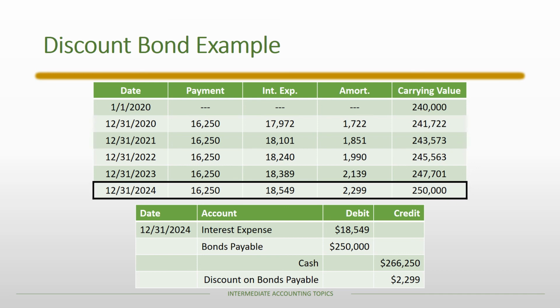And now the cash payment includes paying the par value of $250,000 plus making the final interest payment of $16,250 for a total of $266,250. The amortization of the discount, of course, is taken from the amortization table for $2,299. Again, barring any rounding errors, the journal entry takes care of itself and should all balance out.